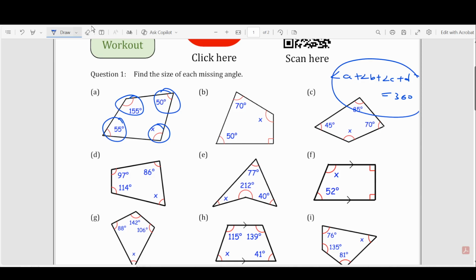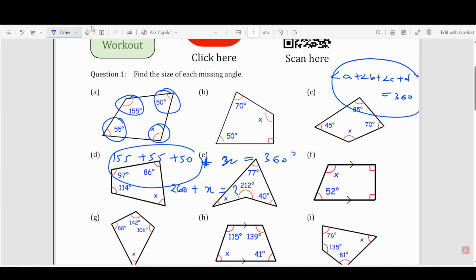So what we write is 155 plus 55 plus 50 plus x is equal to 360 degrees. Now if we add these three, 155 and 55 is 210, 210 and 50 is 260.